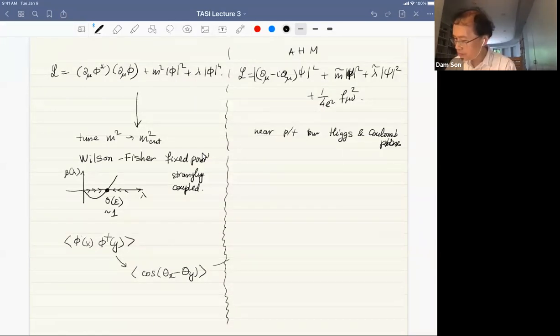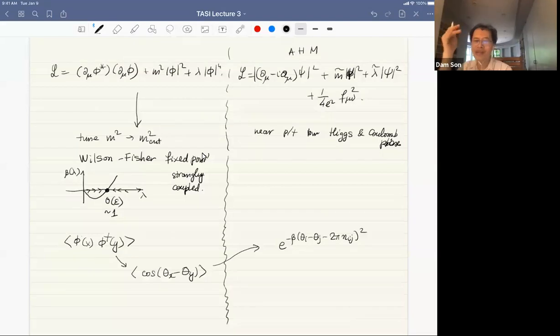And now, when you map to the other side, you have to go through all this duality transformation again. The crucial place is, remember when we rewrite this Gaussian, to remind you what happened last time, we have this Villain model whose potential is basically a sum of these Gaussians.